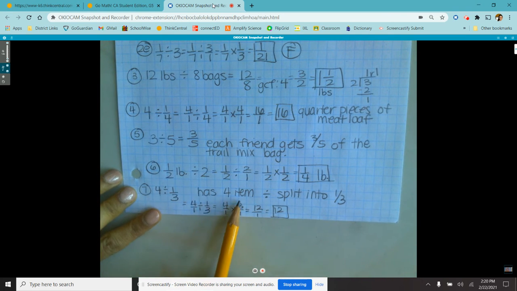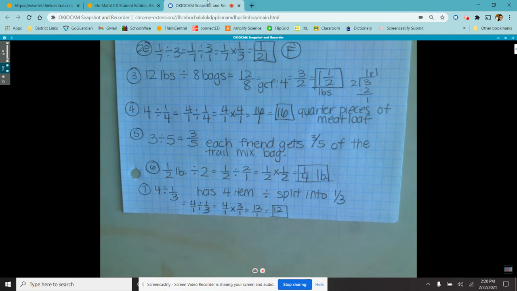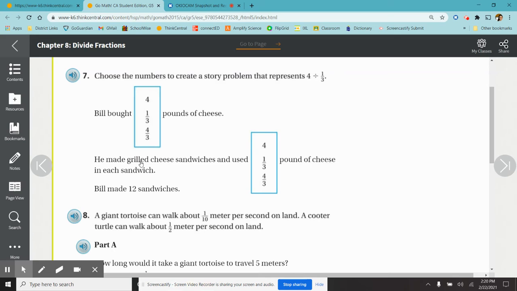So you have to know that having 4 items of something needs to be your dividend, and your divisor is 1/3. Otherwise, if it was the opposite, you would end up getting a 12th, and that doesn't make sense. A 12th sandwich doesn't make sense in that problem.